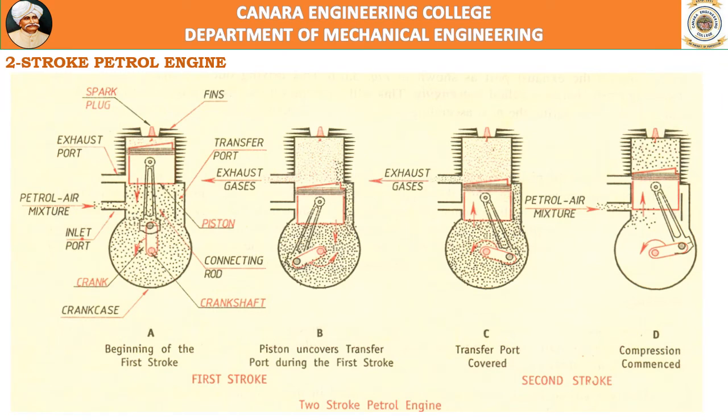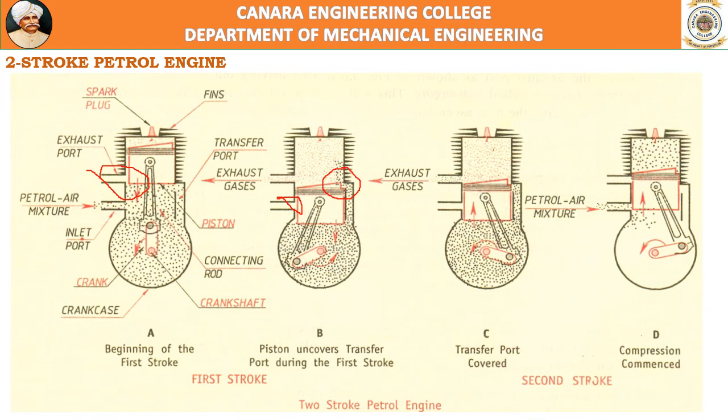These are the four different diagrams or sketches. From your examination point of view, if the question is to explain the working of a two-stroke engine with a diagram, then you have to draw all these four stages. You should make it clear when each port is opened and when it is closed, especially the transfer port.